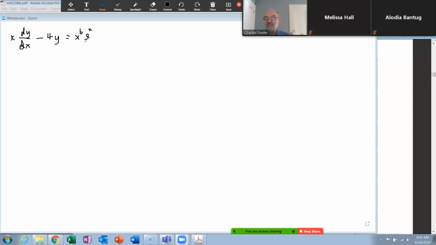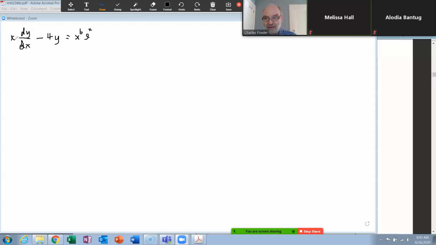Not with linear. With linear, we want something that looks like this. The problem is we want this leading coefficient of your first derivative here to be a 1. It's not a 1, it's an x.